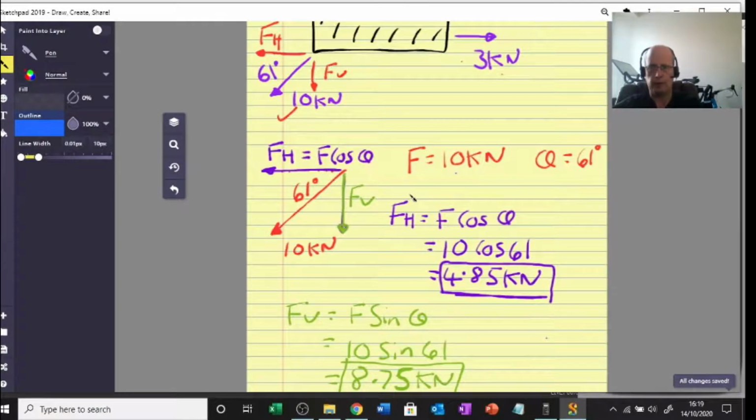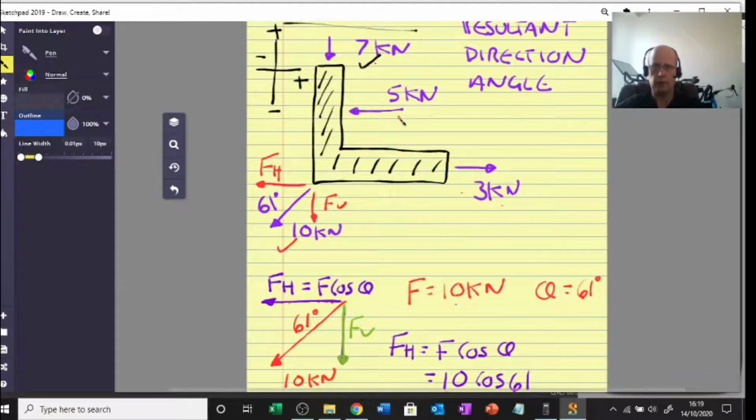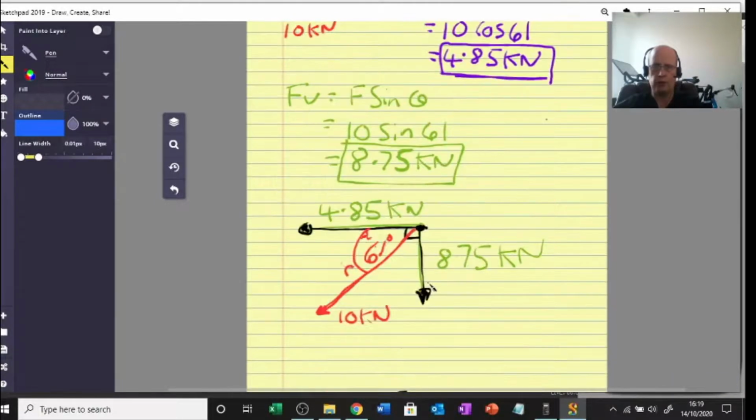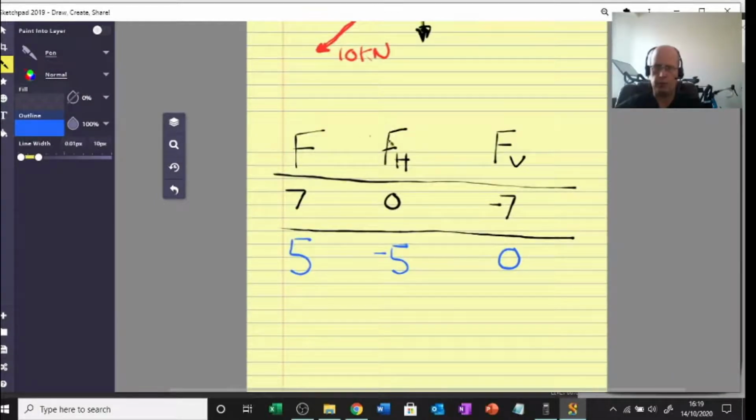It's going horizontal, and I'm calling anything going that way negative. Don't forget as well, we should put the units in here, because these are kilonewtons. This is also a kilonewton, and this is also a kilonewton. N for Isaac Newton.